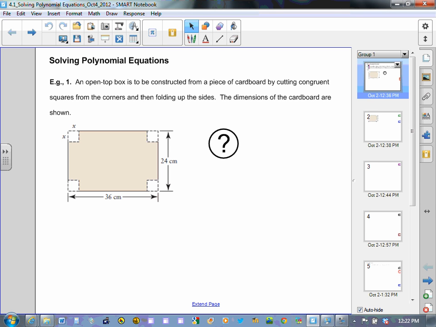So in the first example, we have an open top box that's being constructed from a piece of cardboard by cutting congruent squares from the corners and folding up the sides.